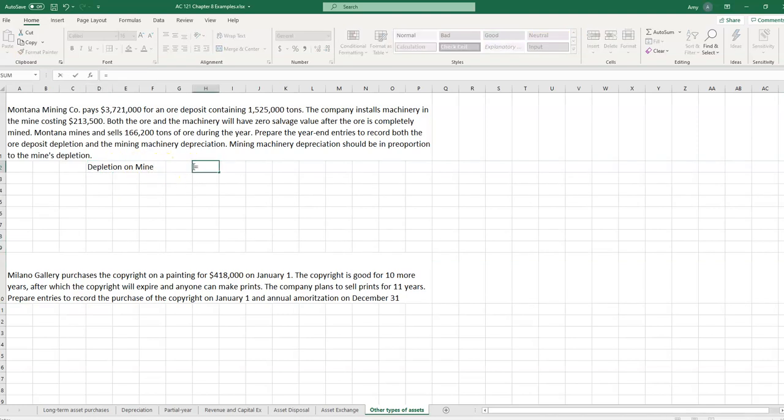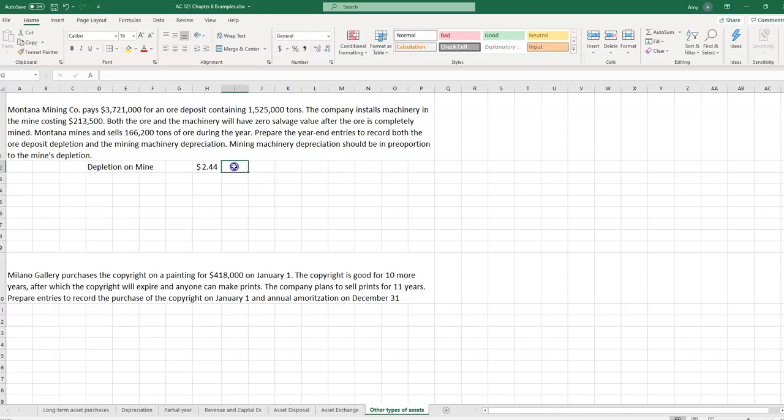So it's our historical cost, 3,721,000, minus salvage value, which is 0, divided by the number of units we believe we're going to receive from it. So the number of tons that it contains. So we have a depletion rate of $2.44 per ton.